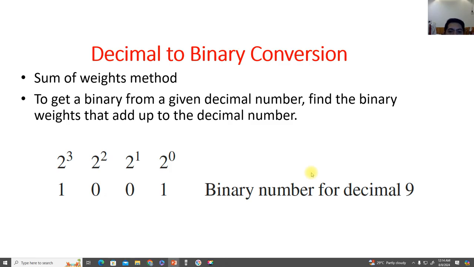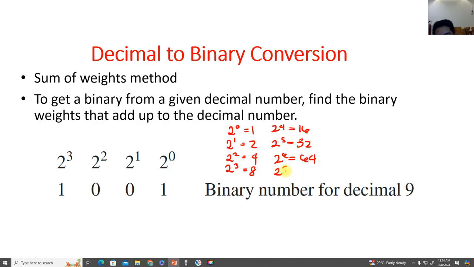So that's how we convert a binary to decimal. How about decimal to binary conversion? We are going to use the sum of weights. To get a binary from a given decimal, find the binary weights. We know them: 2 raised to 0 is 1, 2 raised to 1 is 2, 2 squared is 4, 2 cubed is 8, 2 raised to 4 is 16, 2 raised to 5 is 32, 2 raised to 6 is 64, 2 raised to 7 is 128, and so on and so forth.